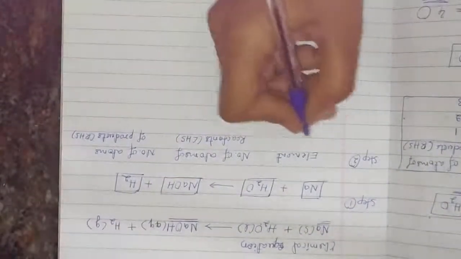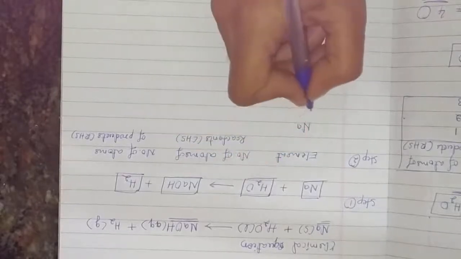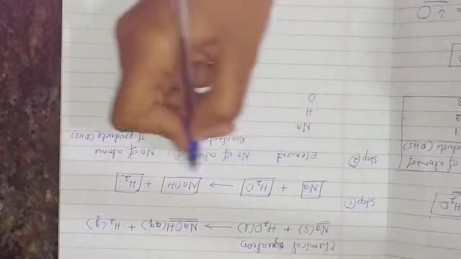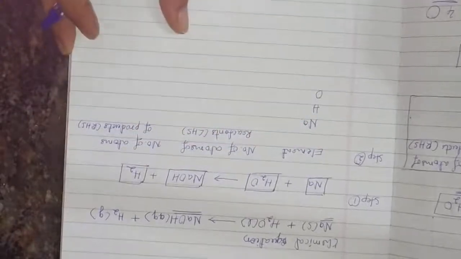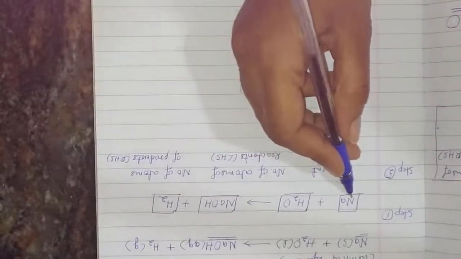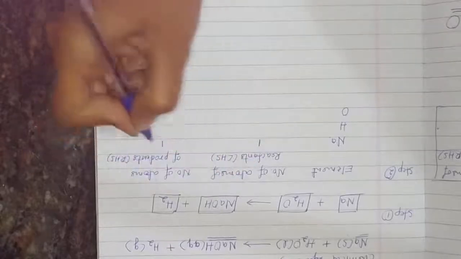Okay, we will list the elements: sodium, hydrogen, oxygen. These are the 3 elements involved in this chemical reaction. See here, on the reactant side 1 sodium atom is present, and on the product side also 1 is present.